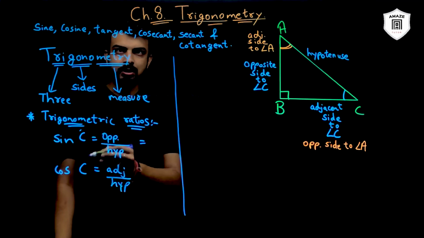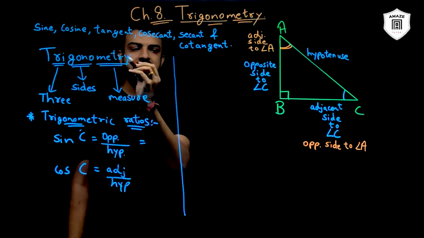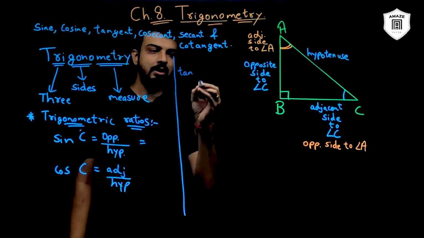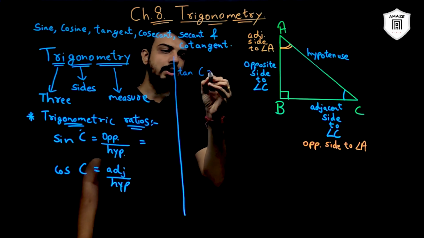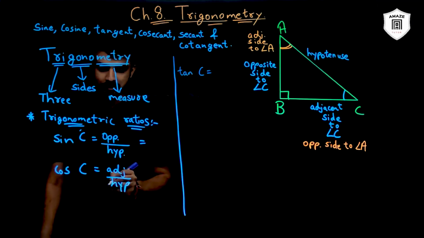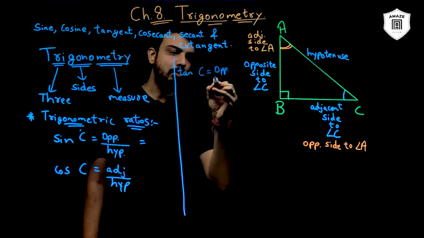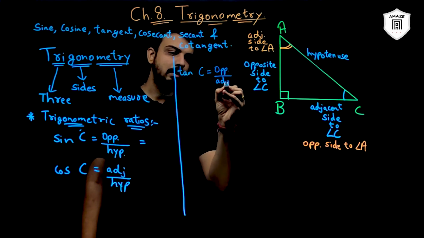Sine done, cos done. Now tangent, which in short we write as tan. Tan is always opposite upon adjacent.